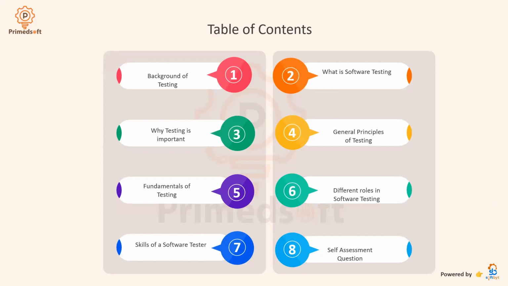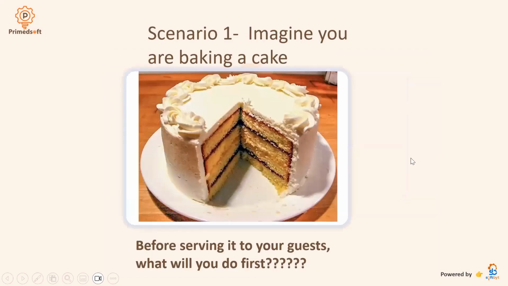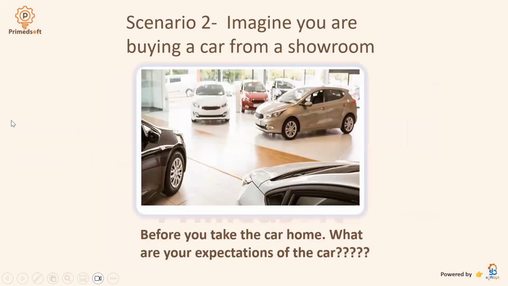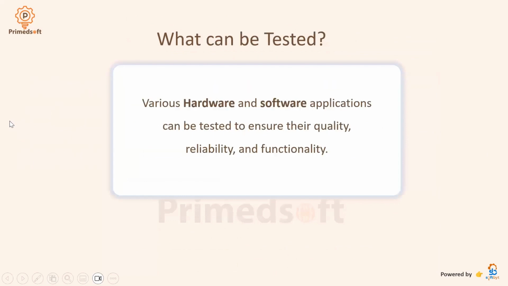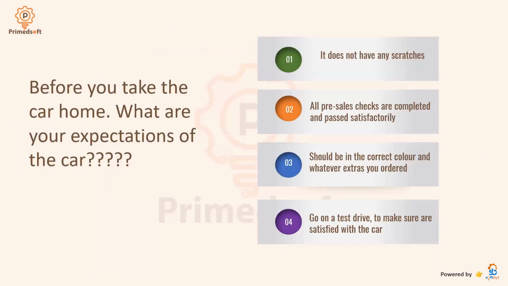We will also discuss why testing is important, the general principles of testing, fundamentals of testing, different roles in software testing, and skills of a software tester. Then we can go to our question and answer.